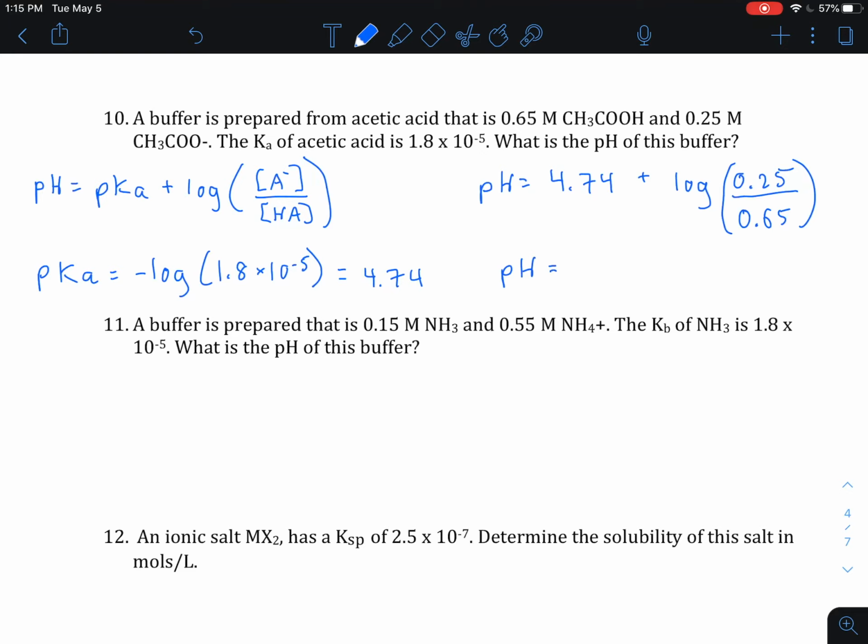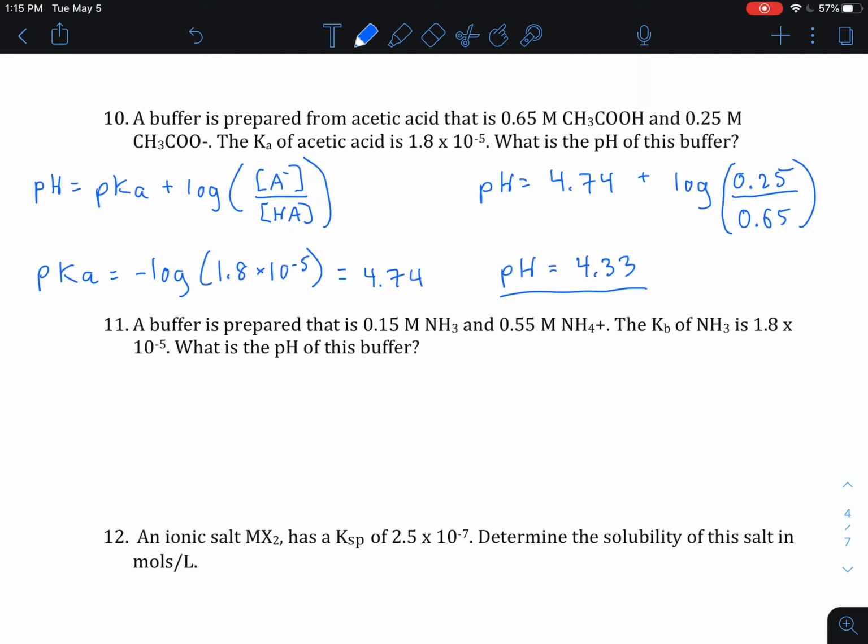Acetate over acetic acid. So 4.74 plus the log of 0.25 divided by 0.65, and that's 4.33. That's our answer here.